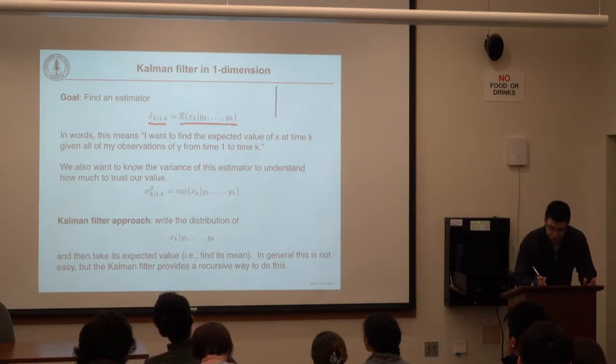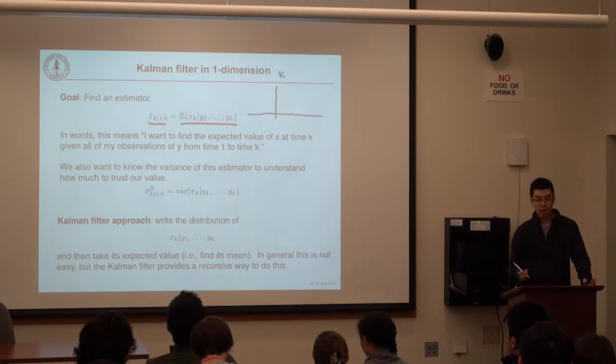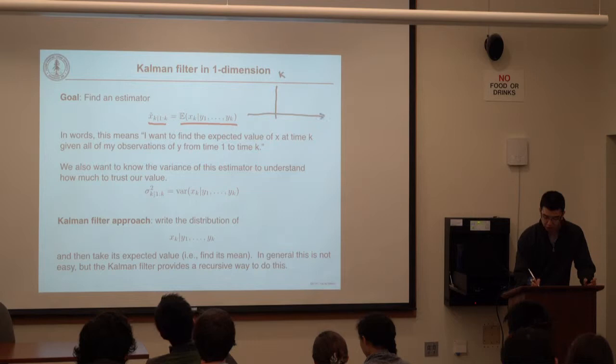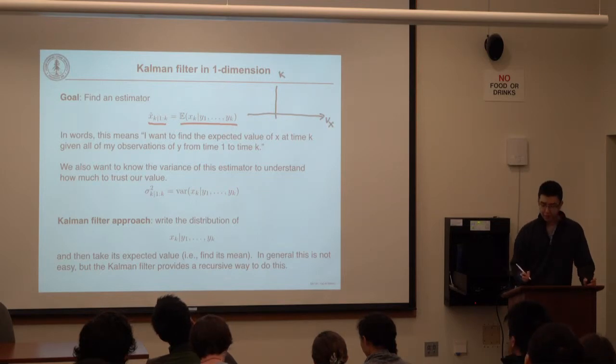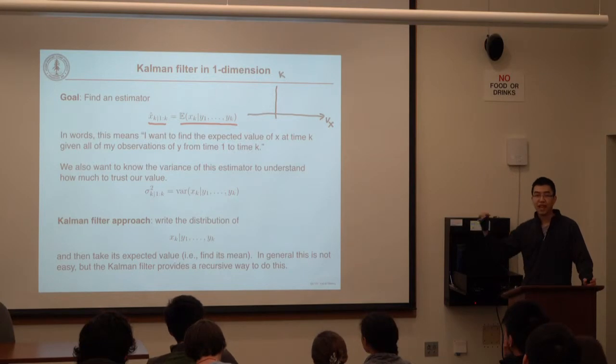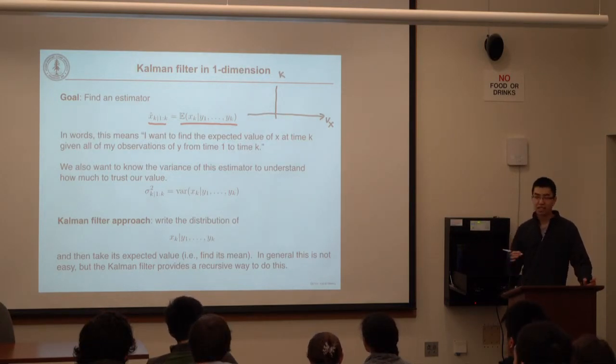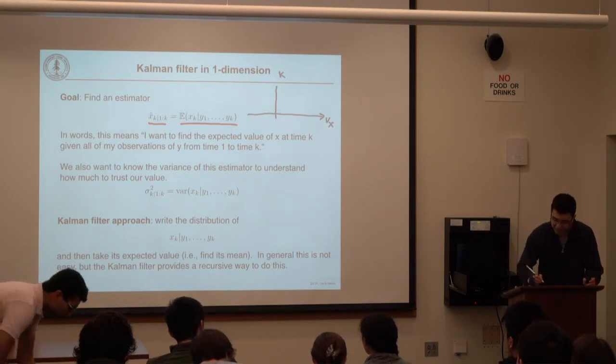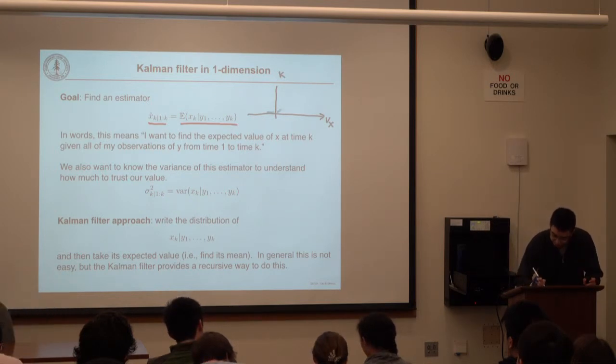What I want to do is at time k, I want to build a distribution for what this x velocity is. And that distribution, it turns out, will be Gaussian because we chose our noise to be Gaussian and our system is linear. And let's say that our distribution looks something like this.